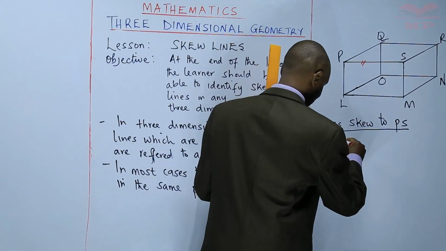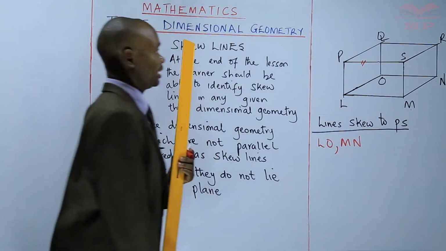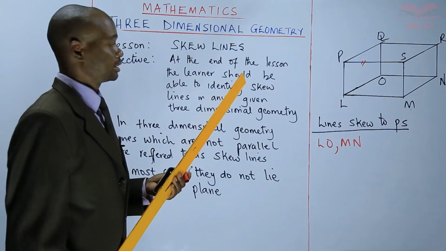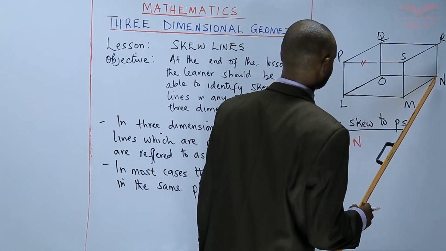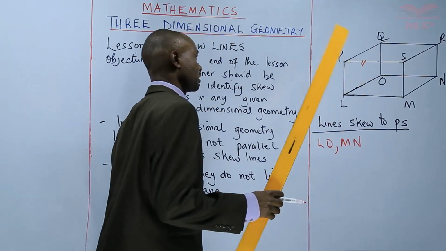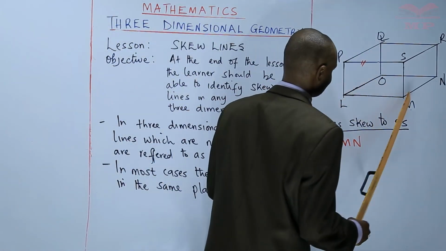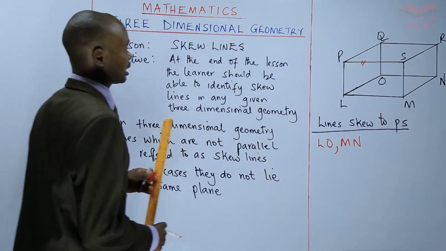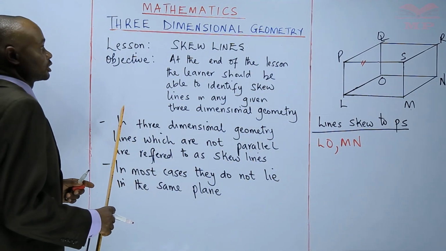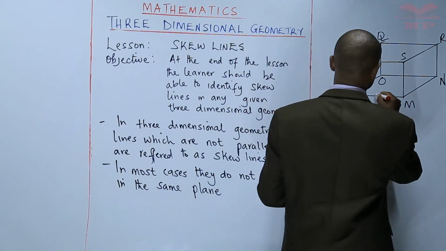We can have MN. MN is a line skew to PS. So LO and MN are lines skew to PS.